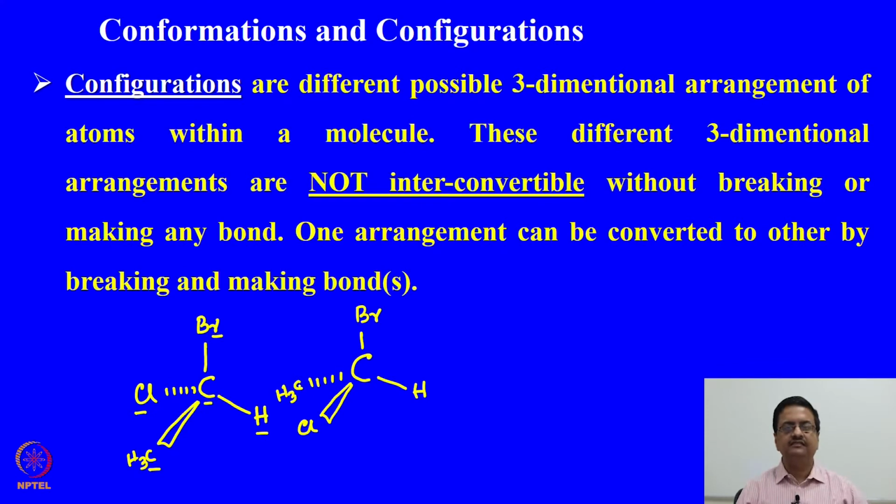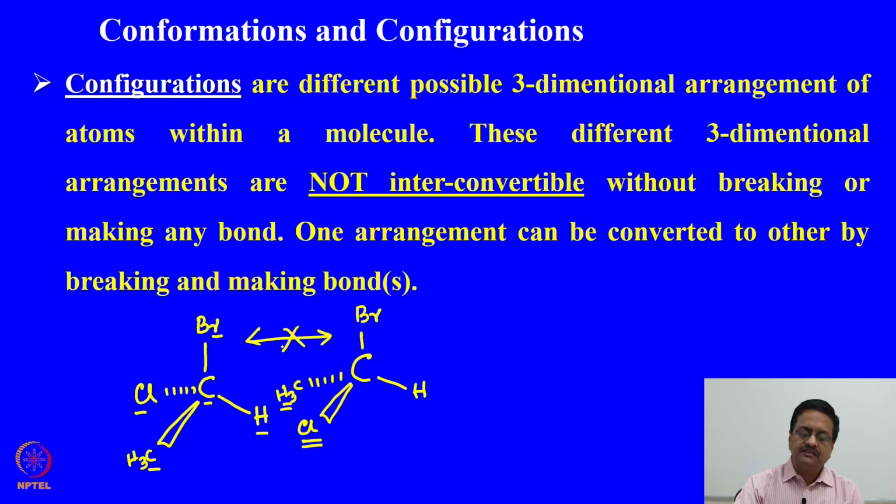What we see is the chlorine which was below the plane has come above the plane, and the methyl which was above the plane has gone below the plane, and these two cannot be interconverted without breaking or making any bond. So, these two different orientations or arrangements of this molecule are called the configurations of one particular organic molecule.